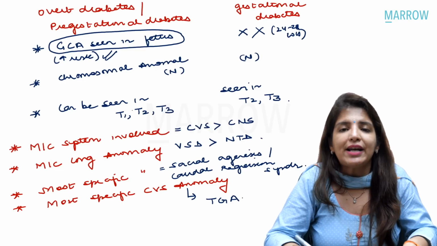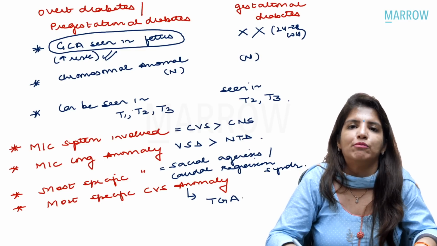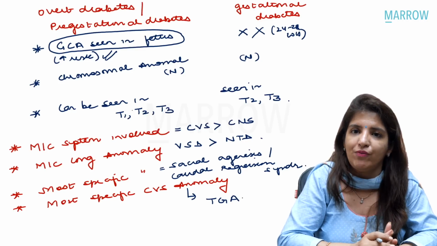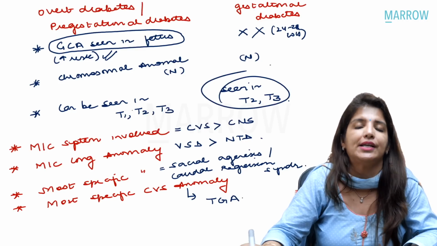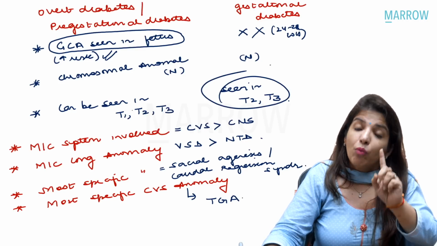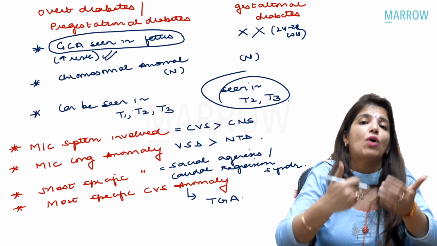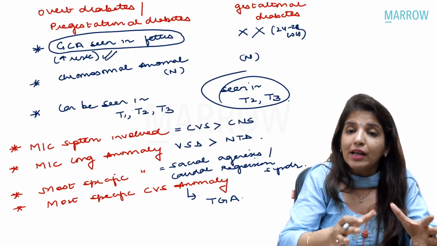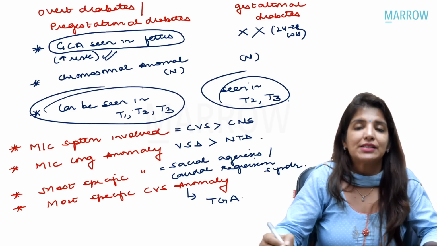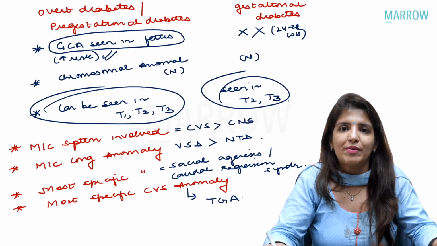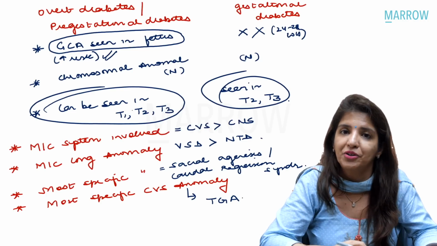So the most common time for gestational diabetes is around 24 to 28 weeks of pregnancy. That means it is seen in the second and third trimester. Whereas overt diabetes means that there is a diabetic patient who has conceived. So diabetes is going to be seen in the first trimester, second trimester and third trimester.